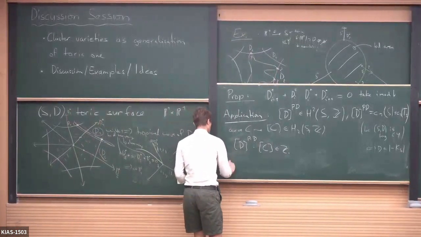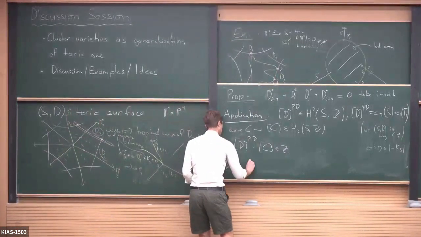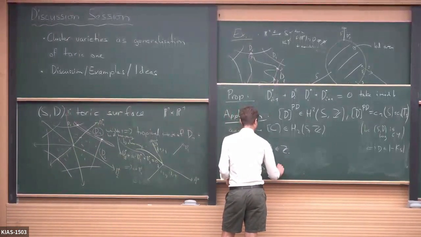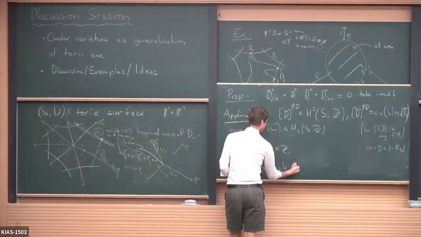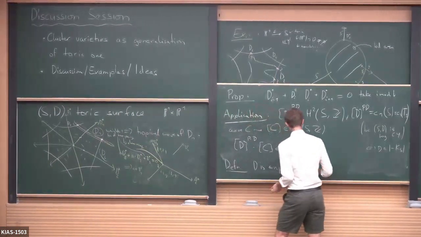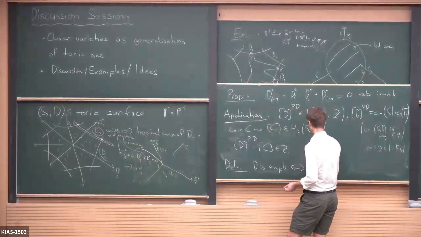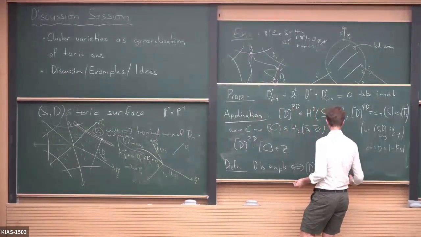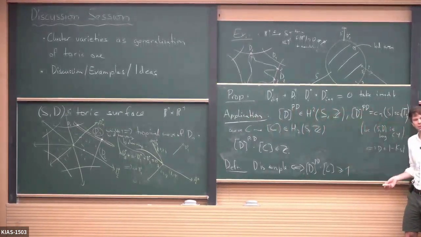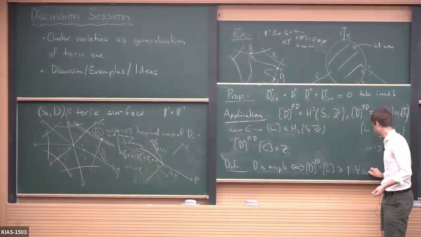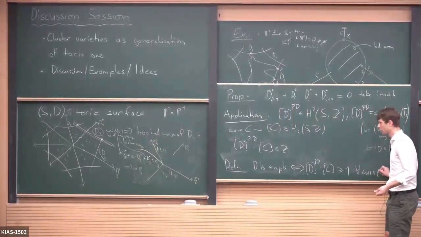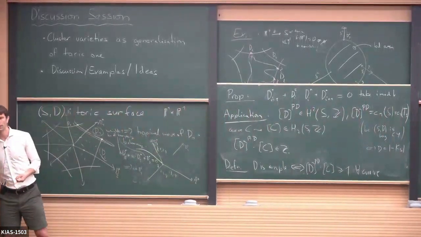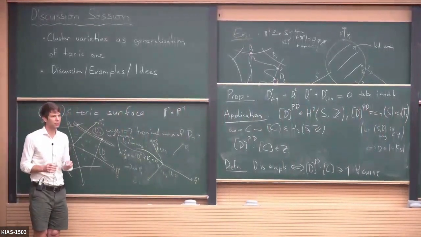And so, definition: D is ample if and only if this thing here is positive for every curve. Now, this is not the way ampleness is usually defined, but it is an equivalent way to define ampleness.